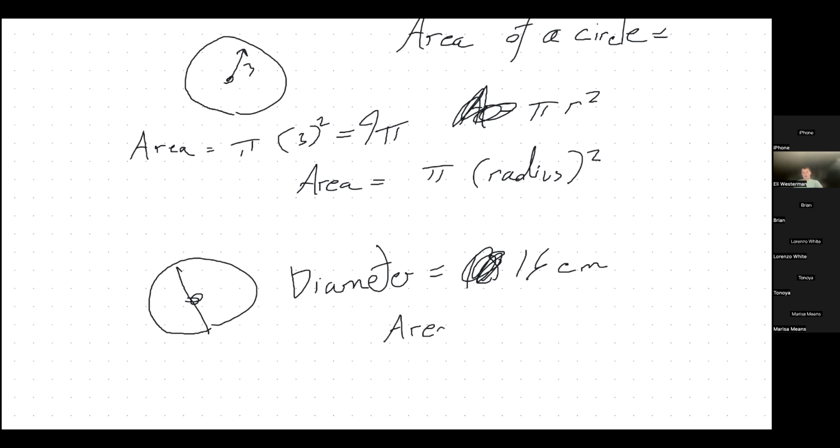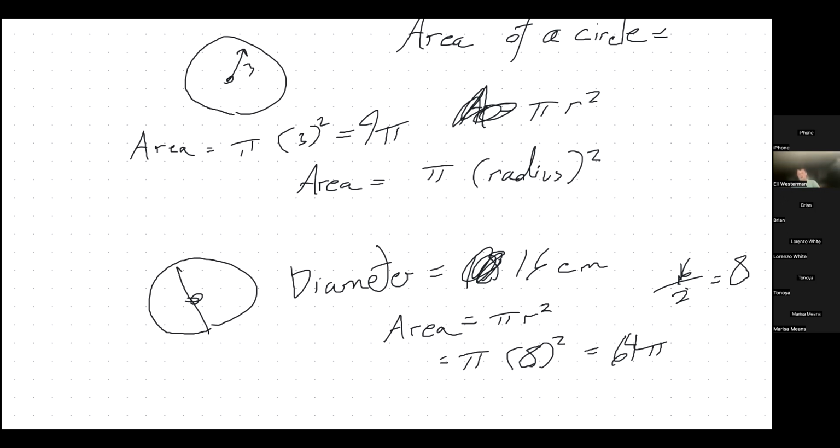Well, area equals pi r squared. First, we have to find r. We know the diameter is always twice r. So 16 divided by 2 is 8. So now we can say pi times 8 squared equals 64 pi. That's the area of that circle.